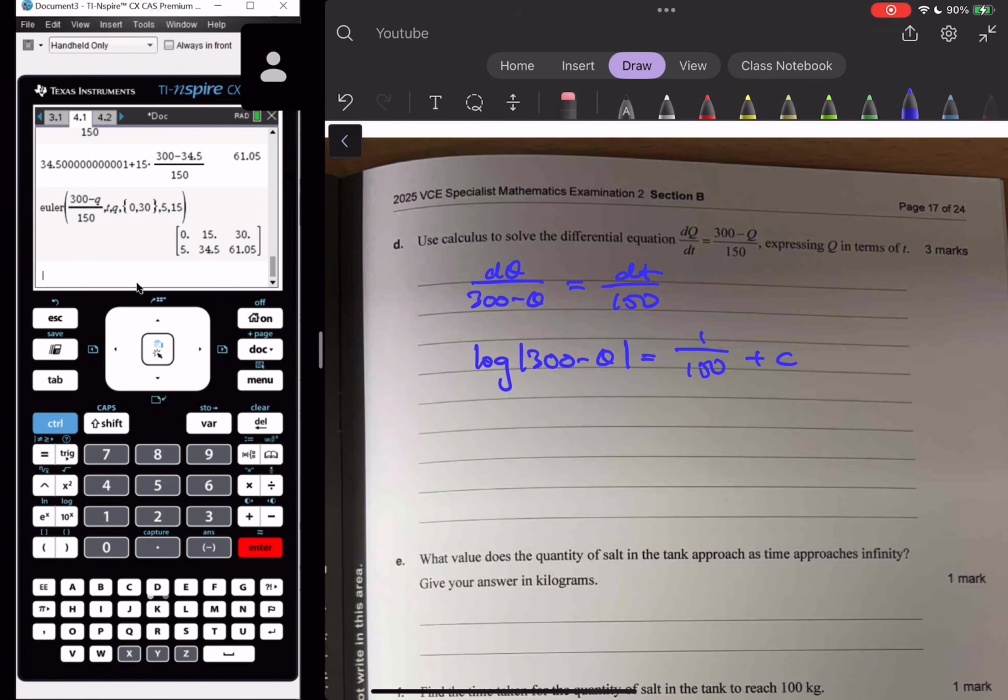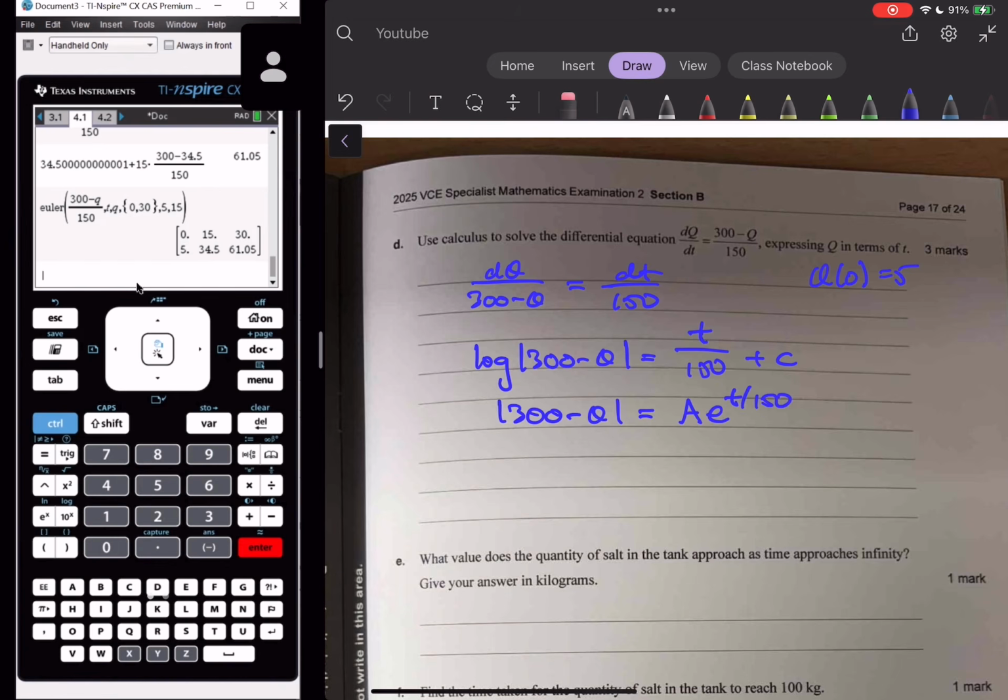So this is t, my bad, and we know Q of 0 equals 5. Let's see if I can remember how to solve this. We have 300 minus Q equal to some constant A times e to the t over 150.